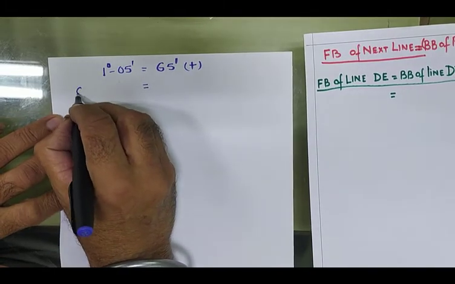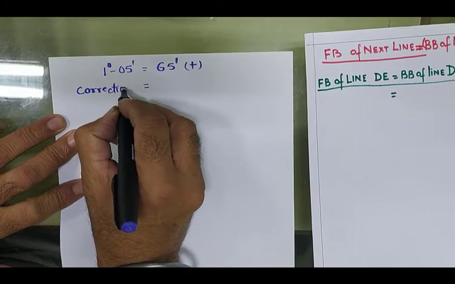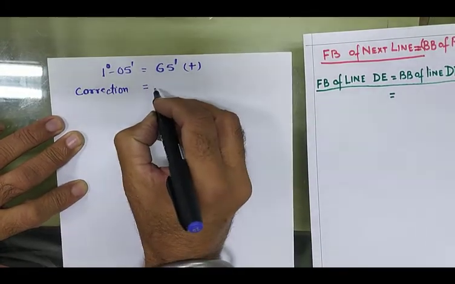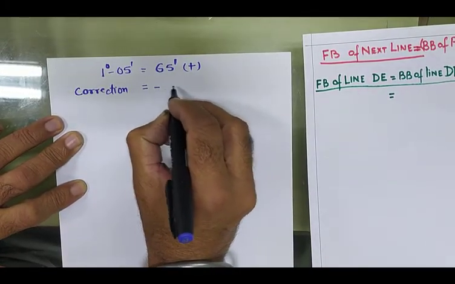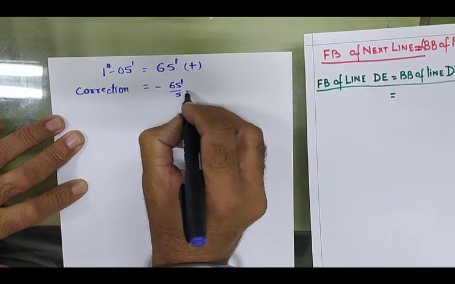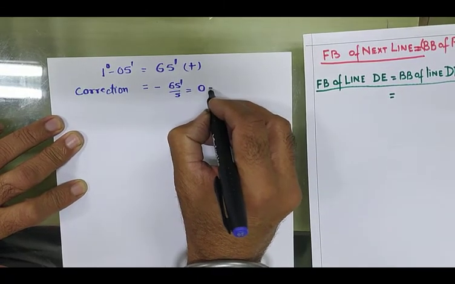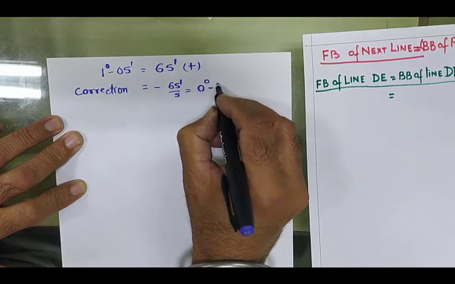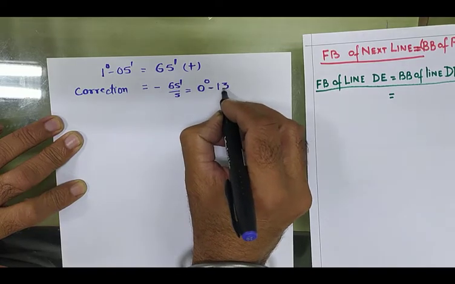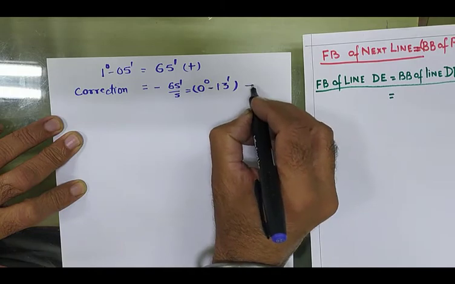So here I can say correction will be minus 65 minutes divided by 5. It comes to be 0 degree 13 minutes, and this correction will be negative.